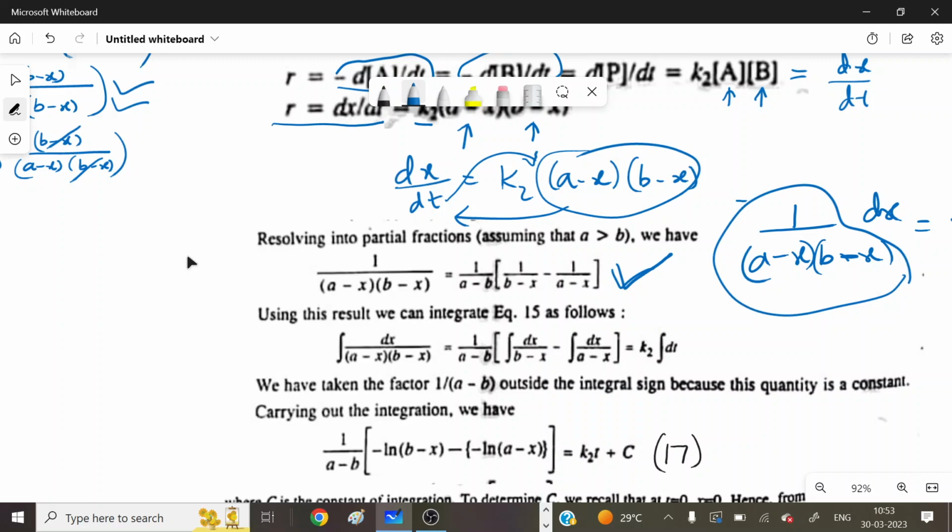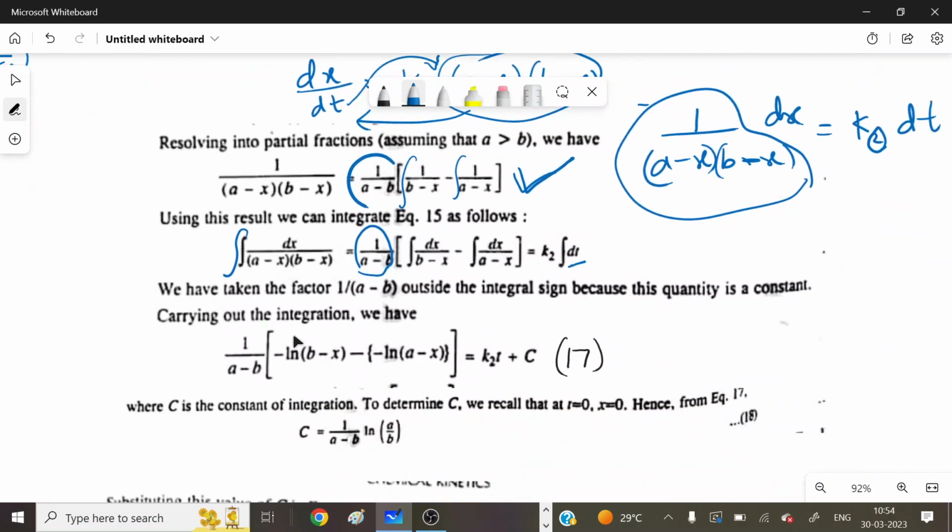After integration, you have to integrate here and here. So integration of dx upon (a minus x)(b minus x) is equal to 1 upon (a minus b), and simultaneously you can write in brackets integration of dx upon (b minus x) minus integration of dx upon (a minus x), bracket complete, is equal to k2 integration of dt.